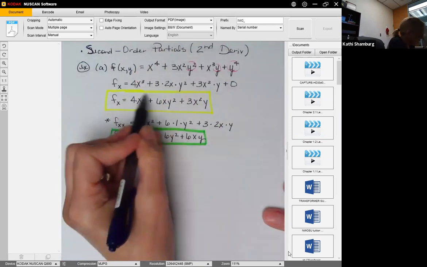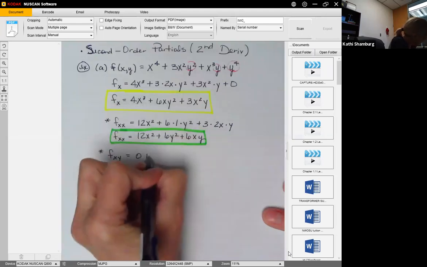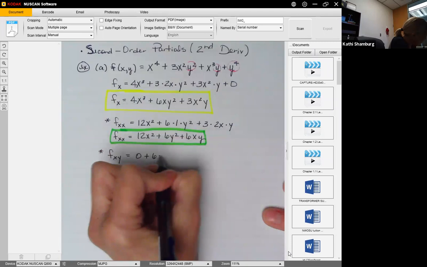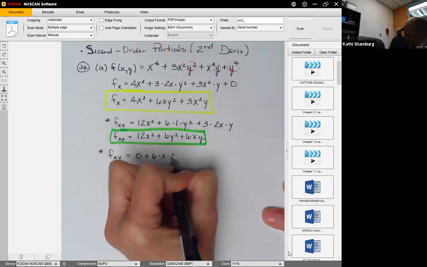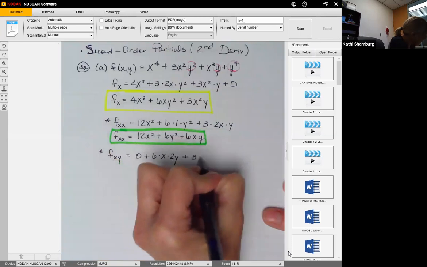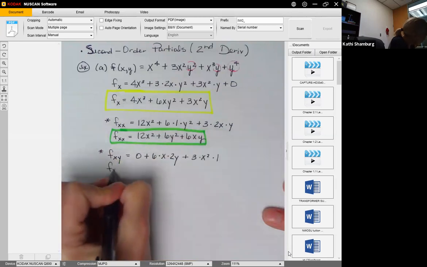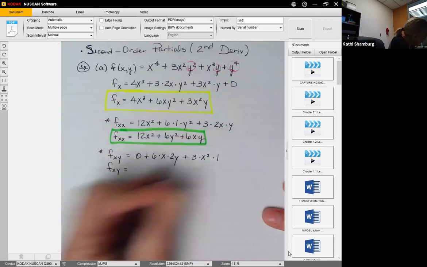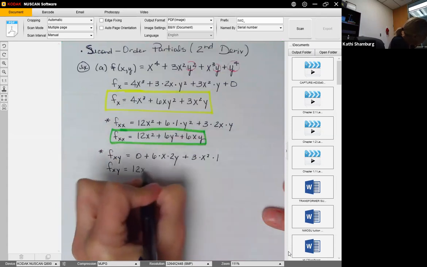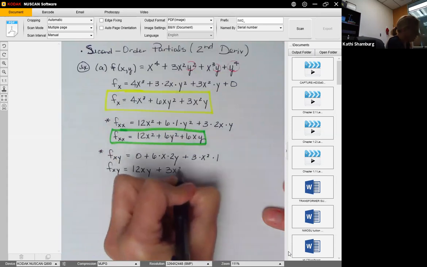So this is a constant now with respect to y, so that would be 0 plus 6 times x times 2y plus 3 times x squared times 1. And then, of course, when we clean that up, we get 12xy plus 3x squared.